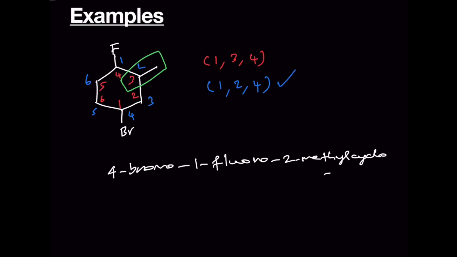It's just one word. There is no hyphen here because no space is there. I am just writing it like that, but it is just one word, cyclohexane. Okay, 4-bromo, 1-fluoro, 2-methyl cyclohexane. That is the correct IUPAC name for this molecule.